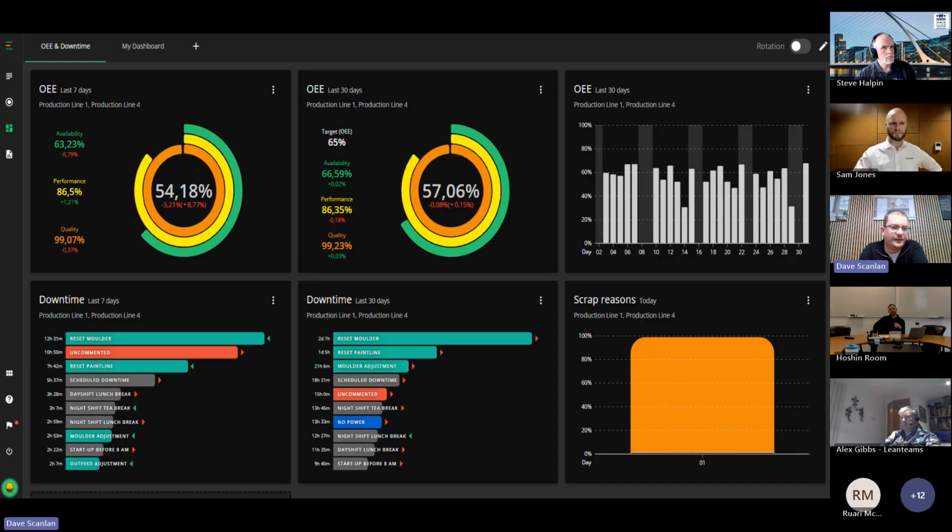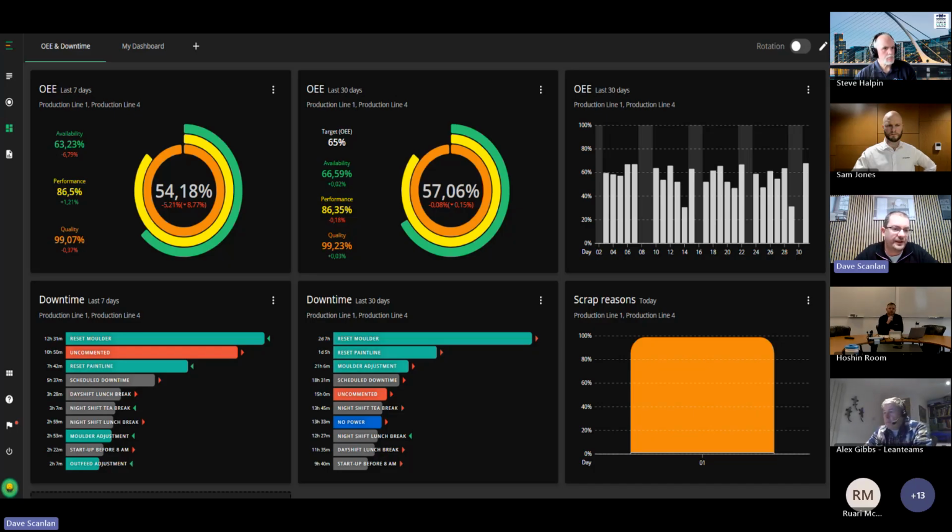If you look at the tile underneath that circle, we have our downtime for the last 7 days. The first one there is 12 hours, 31 minutes resetting a molder. That is changing product, so that seriously brings down our availability. 12 hours changing products in a 7-day period is quite a chunk of time, and that's represented by 63%.